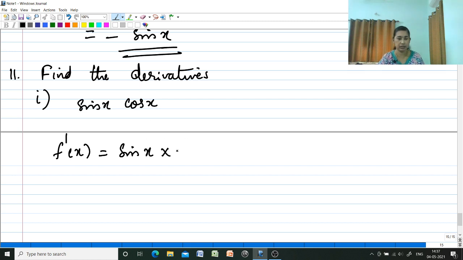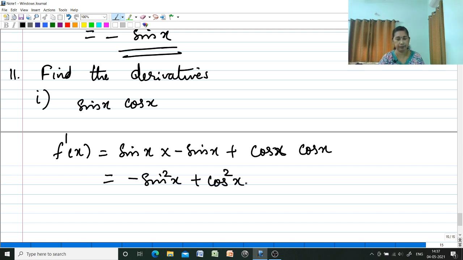Derivative of cos x is minus sin x, plus second function into derivative of sin x is cos x. And the answer will be minus sin square x plus cos square x, which is equal to cos square x minus sin square x, and that is equal to cos 2x.